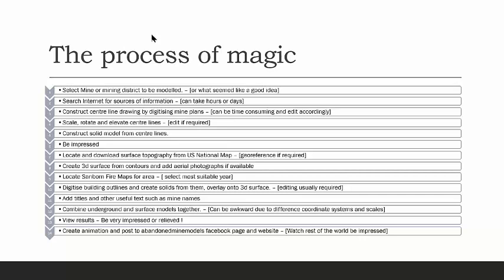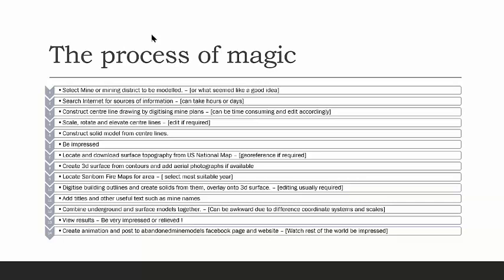Once I've got the underground more or less modeled, then I look for some surface topography. It gives an idea of not only scale, but it helps to knit the underground workings to something that we can all see. The best source of information I found for the mines in the United States is the US National Map, which you may have come across.